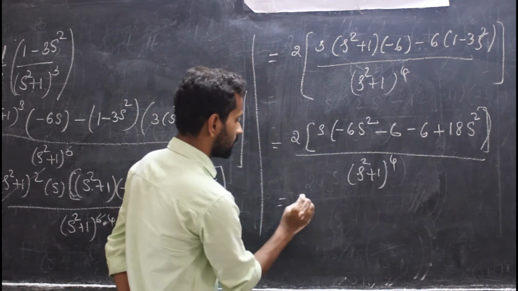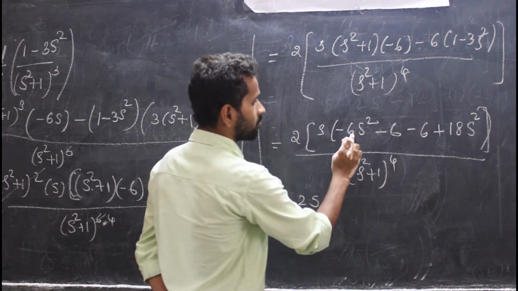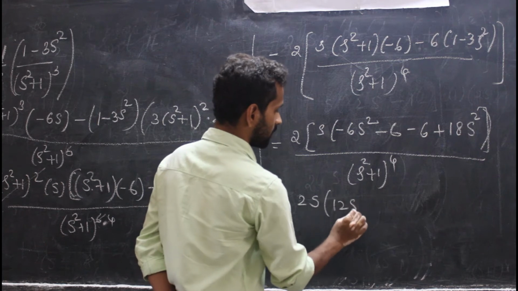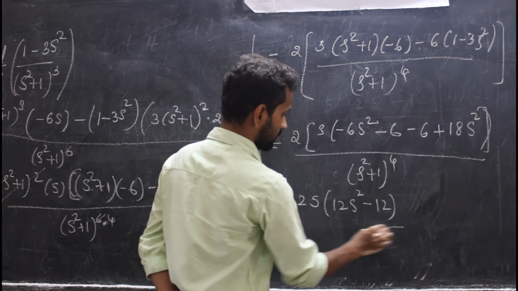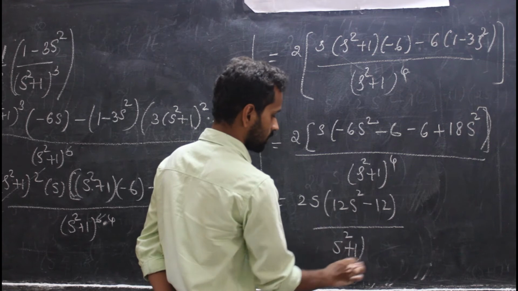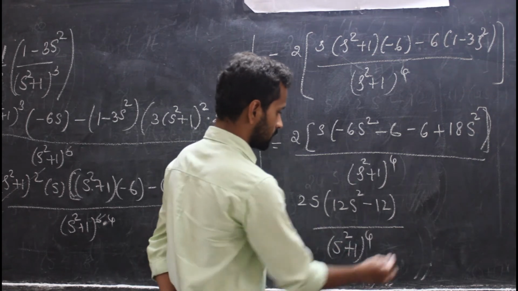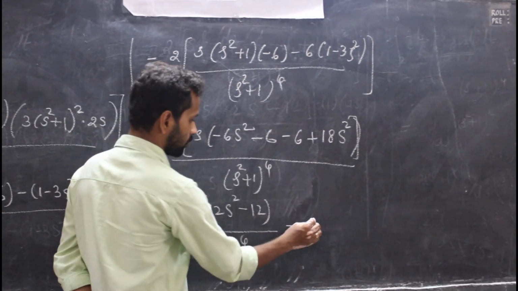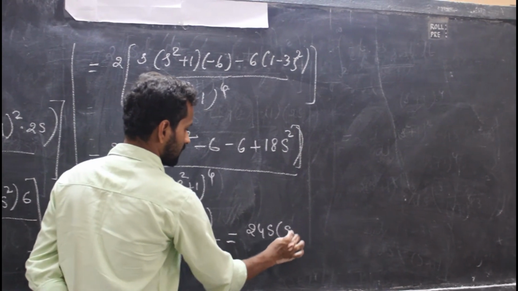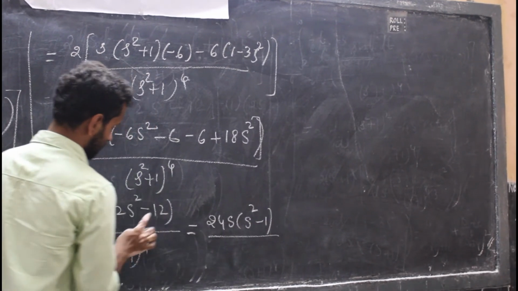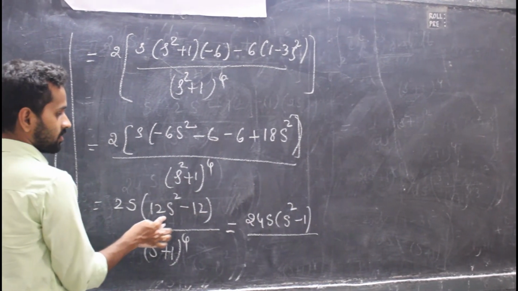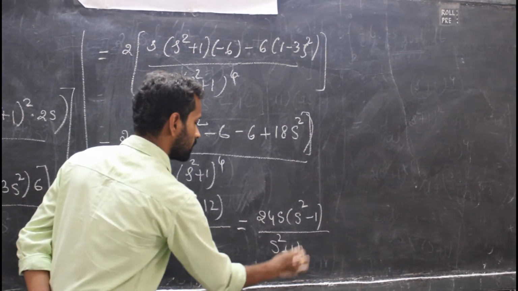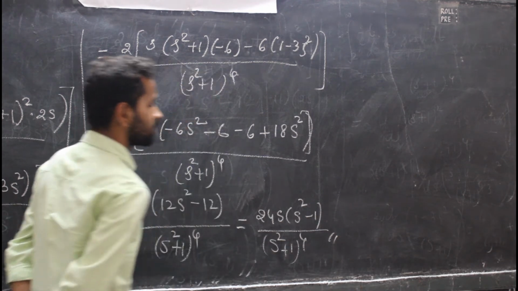Simplify this. 2 into x, 18x square minus 6x square becomes 12x square minus 12, divided by (x square plus 1) whole to the power of 4. So in this simplification, 12 I take outside again, 12 into 2, 24x into (x square minus 1), which I got. 12 I take outside, (x square minus 1) divided by (x square plus 1) whole to the power of 4, I will be getting it. Is it clear?